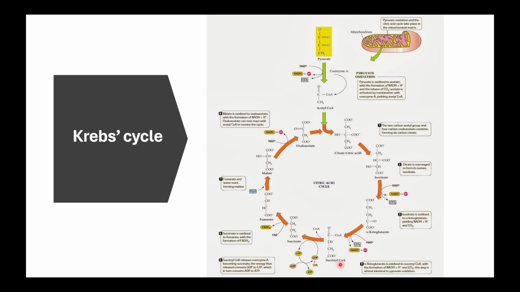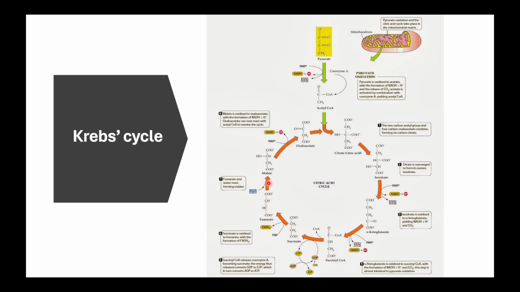Okay, now from succinyl coenzyme A, succinate is formed, which releases GTP, and that GTP is utilized to convert ADP to ATP. So again we get one ATP molecule from this pathway. And when succinate is changed to fumarate, this oxidation results in FADH2 formation.